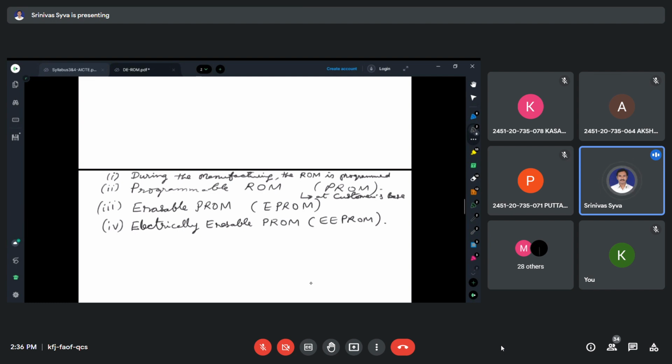Here some difference is there: it is an electrical process. Without removing the ROM from the socket, the ROM can be erased with the help of electrical voltage. That is electrically erasable PROM.